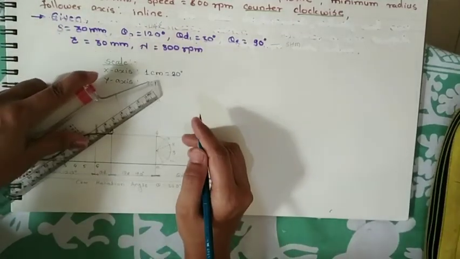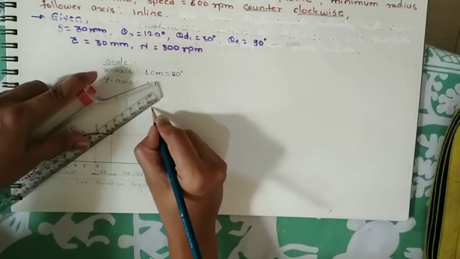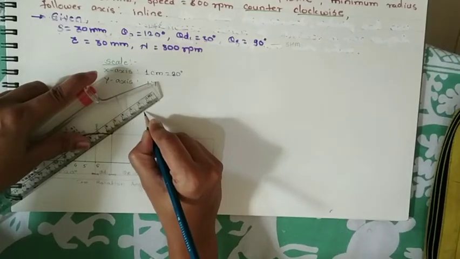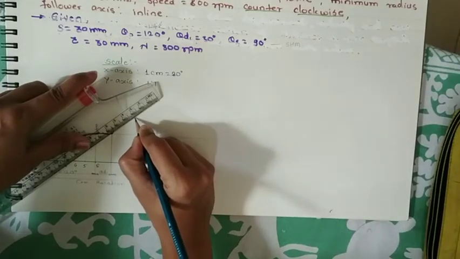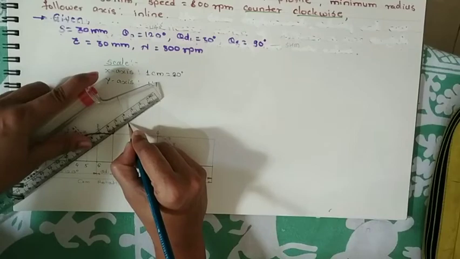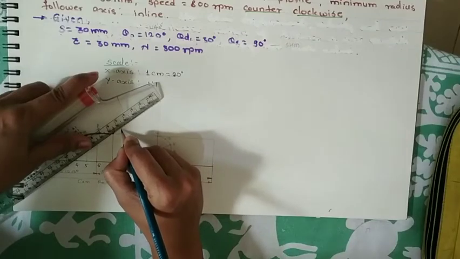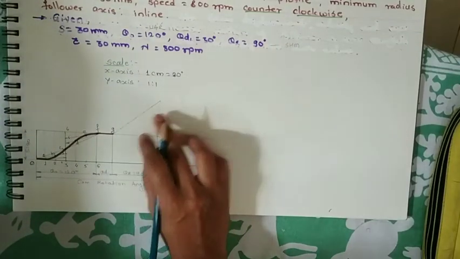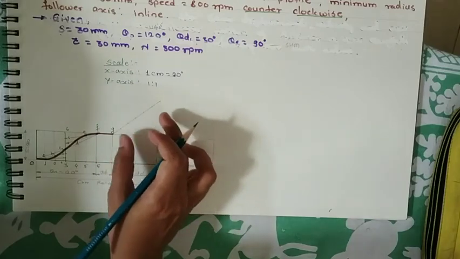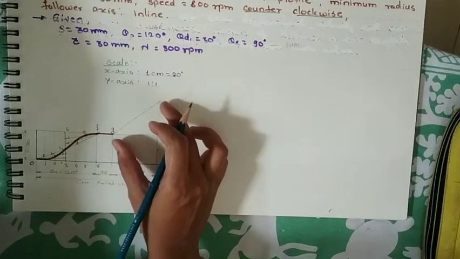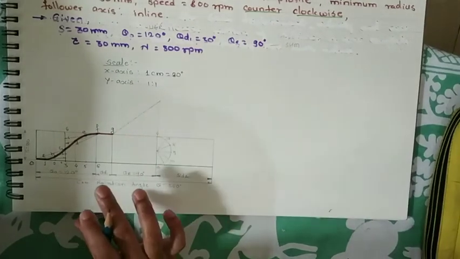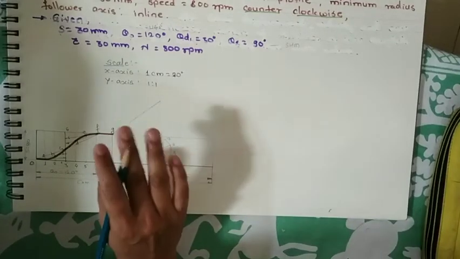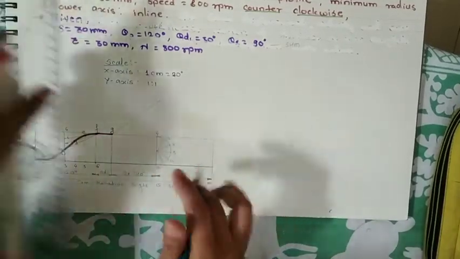Now this slope length is equal to 6 centimeter, because I want 6 divisions, so it is easy to mark 6 divisions on a 6 centimeter slope length. That's why I'm taking the slope length equal to 6 centimeter. This angle, you can take any angle.